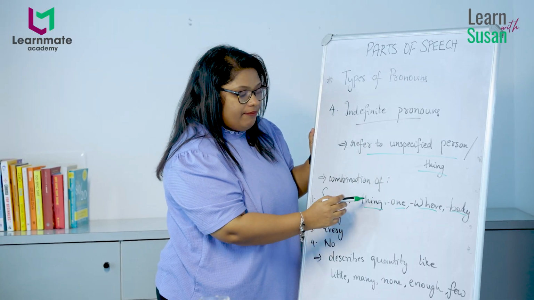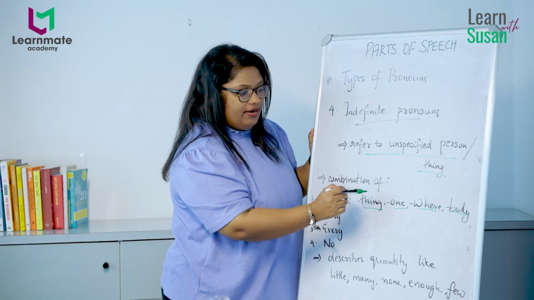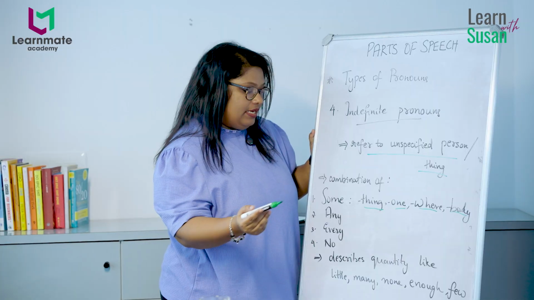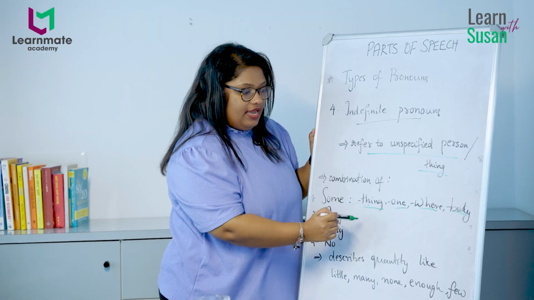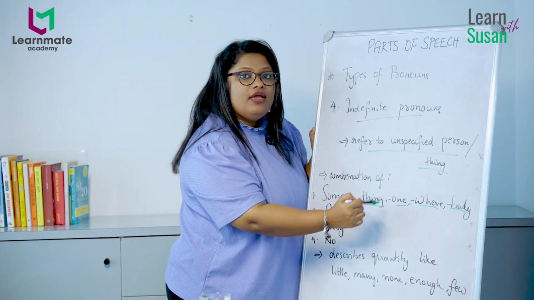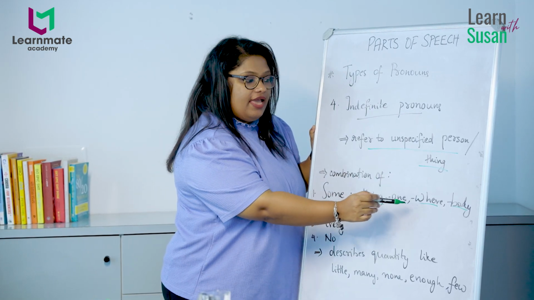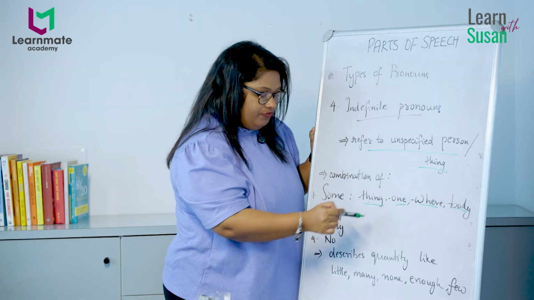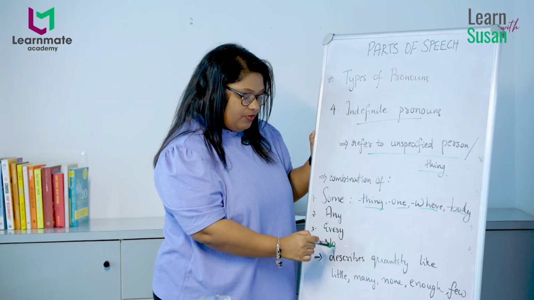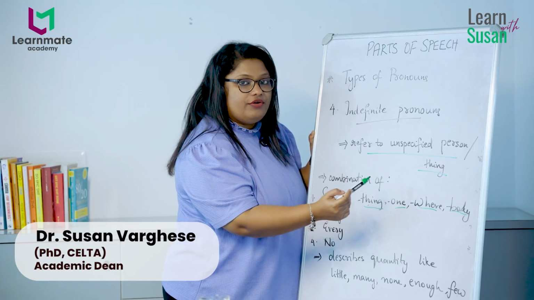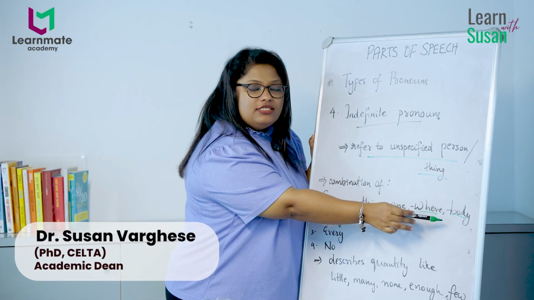Like something, someone, somewhere, somebody. Anything, anyone, anywhere, anybody. Everything, everyone, everywhere, everybody. And the same thing applies with the word no: nothing, no one or none, nowhere, and nobody.